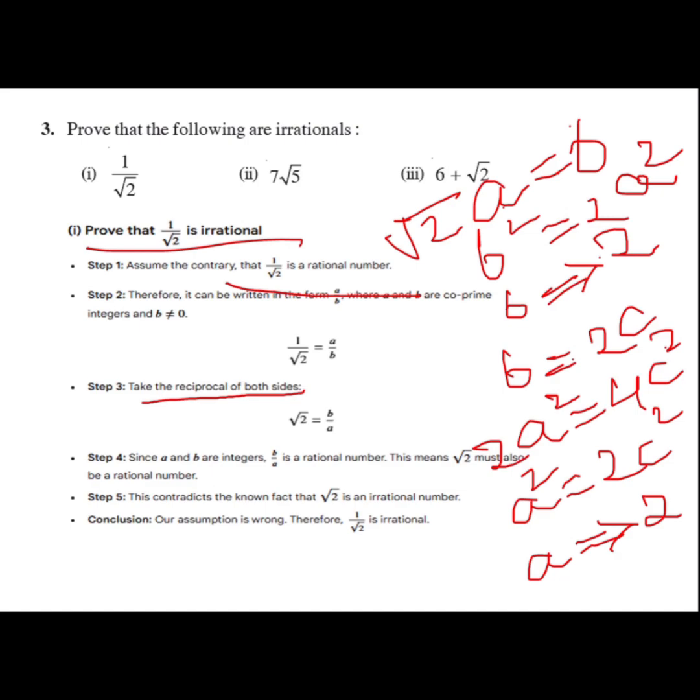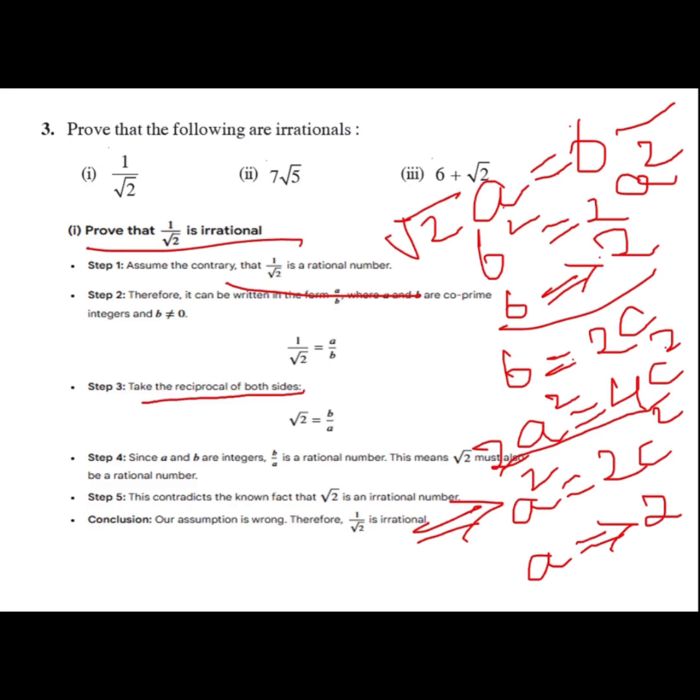If b square is divisible by 2, then b is also divisible by 2. And substitute b is equal to 2c in the equation. Then you get 2a square is equal to 4c square. That implies a square is equal to 2c square.